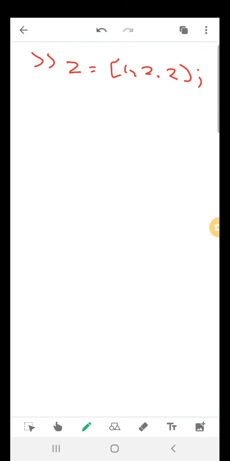We need to find out the 3 into 1 matrix. So what we will do, we will write Z conjugate. The answer will be simply the complex conjugate, so complex transpose.